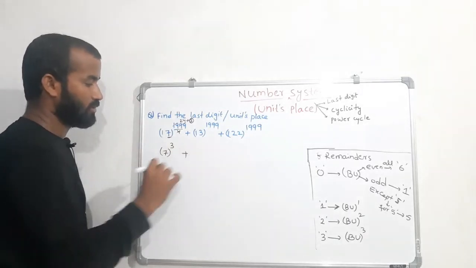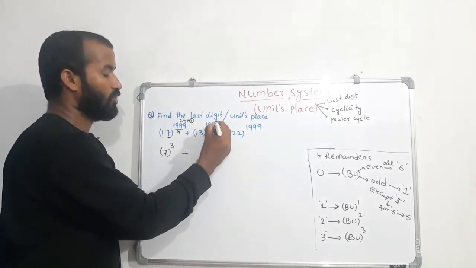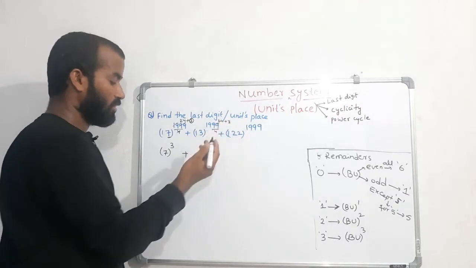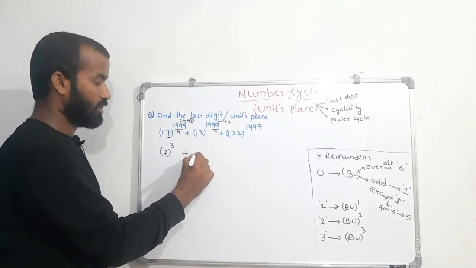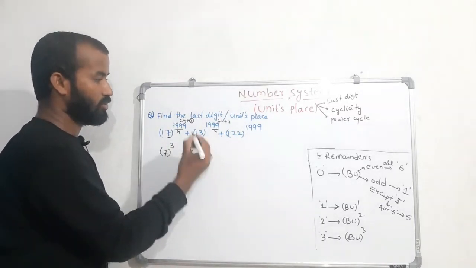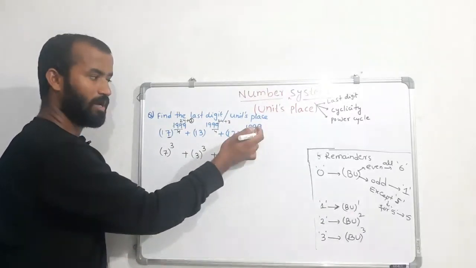Okay, plus next here also same. If I divide with 4, I am going to get 24, remainder will be 3. Okay, remainder will be 3 means base unit will be 3. Power 3, remainder 3 means base unit power 3, plus here also remainder 3.